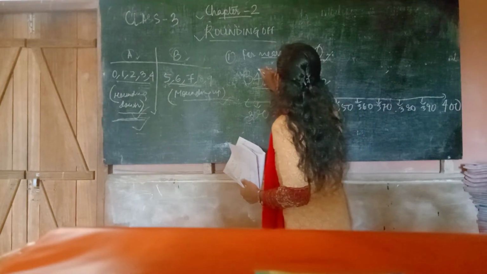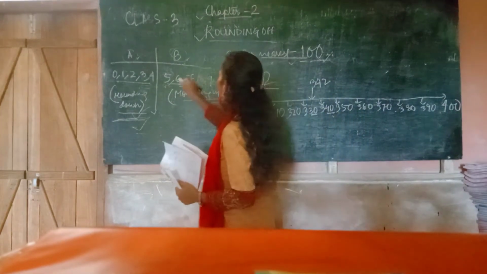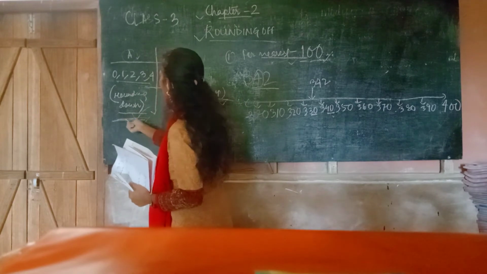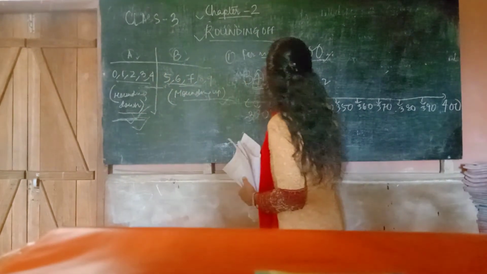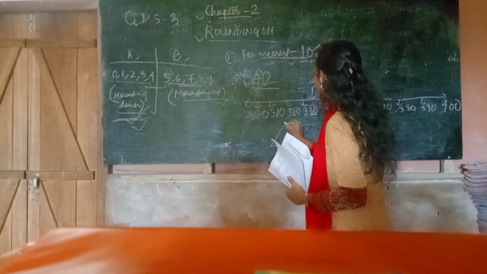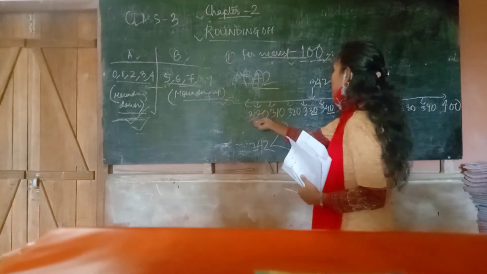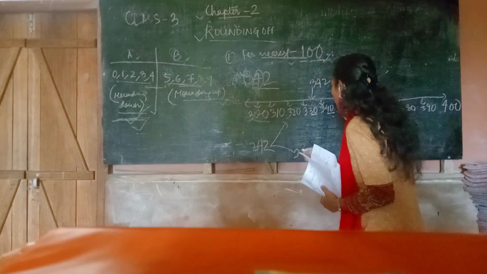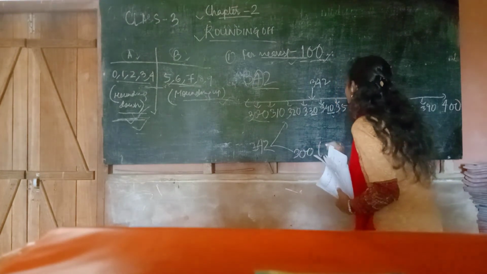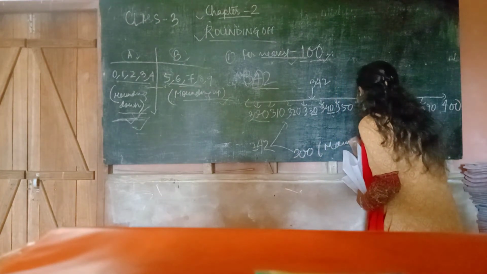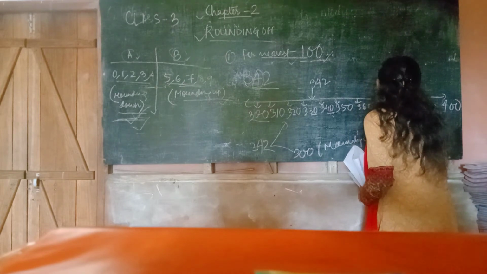So the digit in the tens place is 4, which is less than 5, so rounding down. For 342, what is the lowest number? The lowest number is 300, that is rounding down.